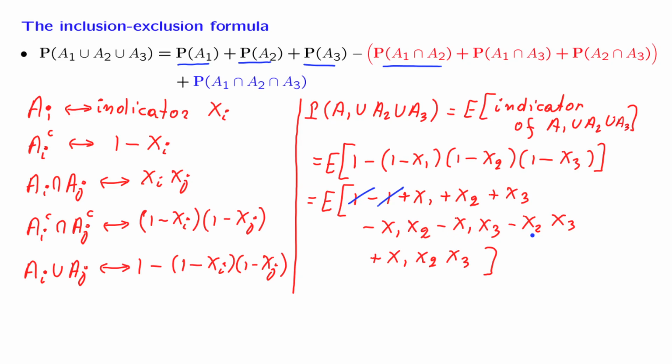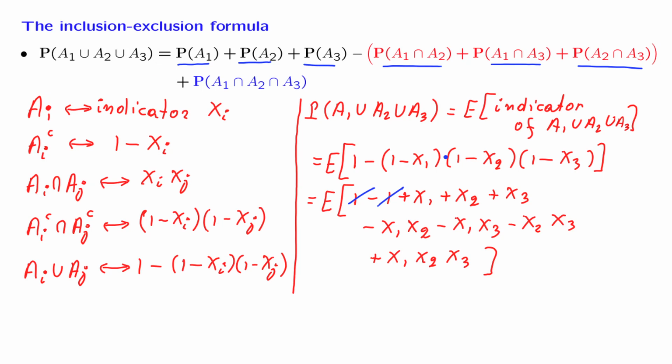And similarly, these terms here give rise to those two terms here. Finally, x1 times x2 times x3 is the indicator variable for the event A1 intersection A2 intersection A3. Therefore, the expected value of this term is equal to this probability, and therefore we have established exactly the formula that we wanted to establish.